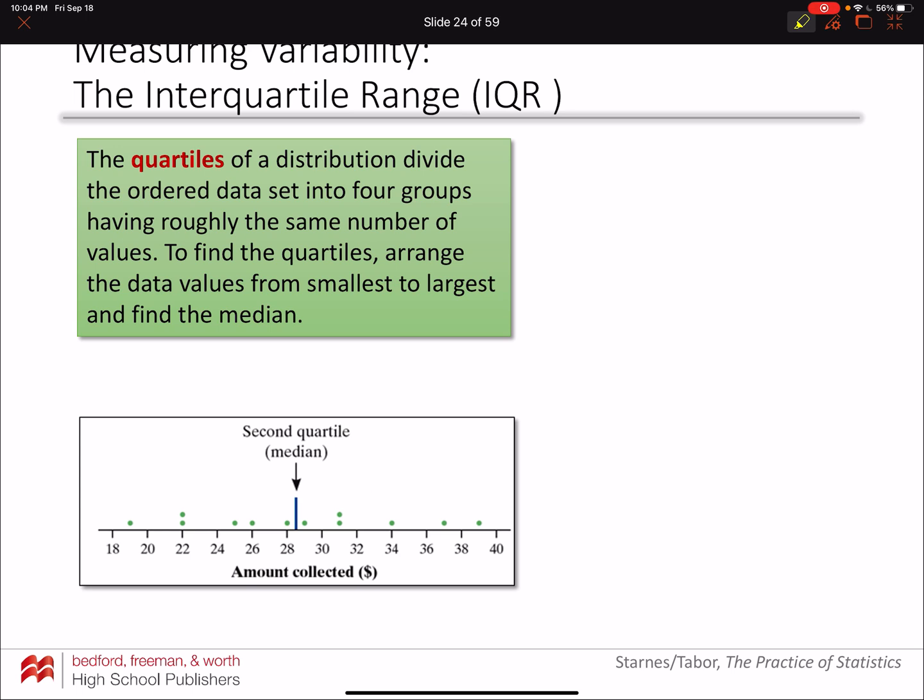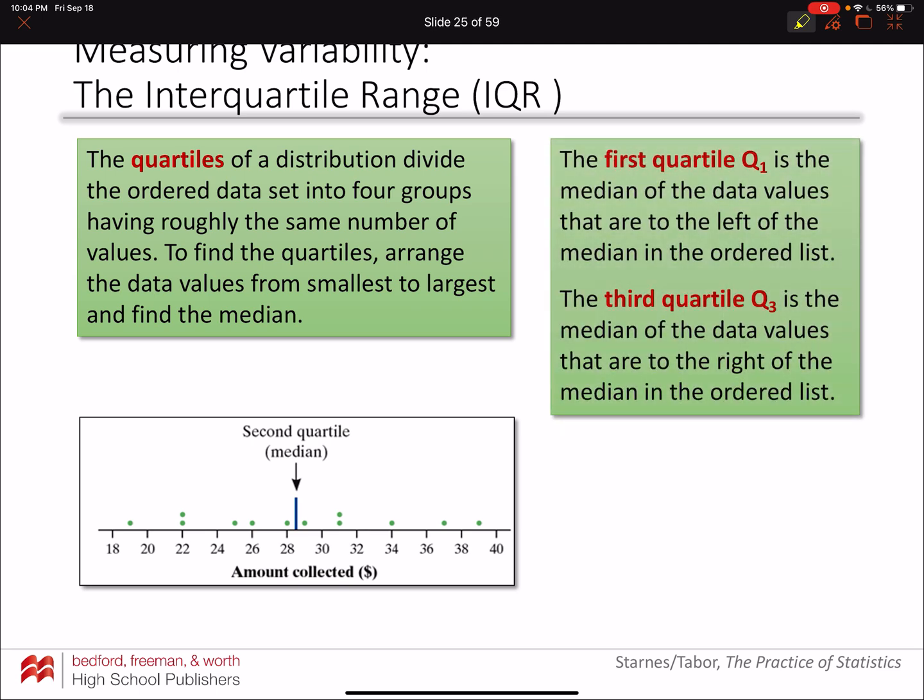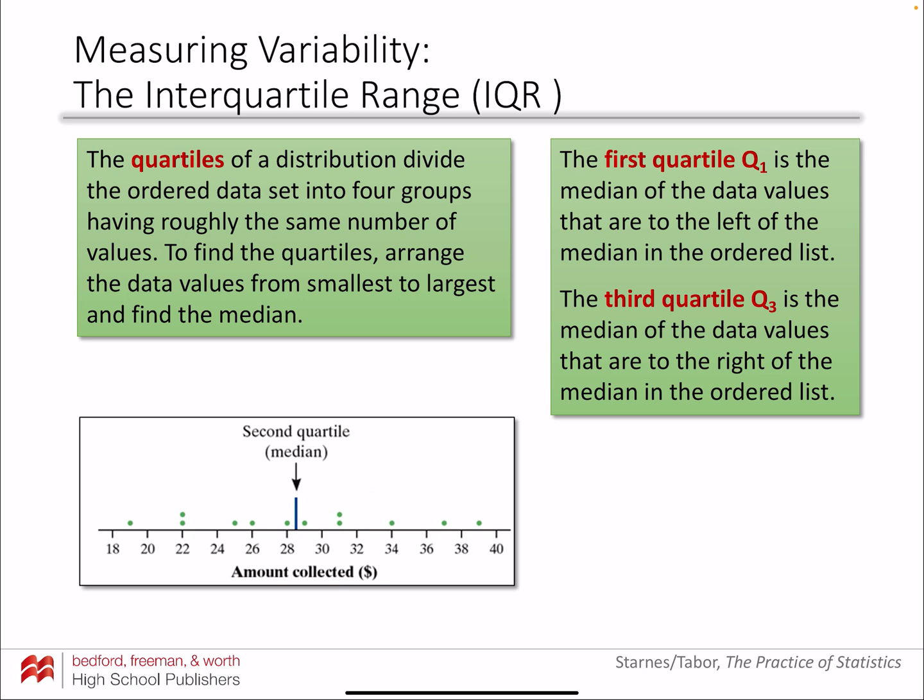Now, to cut it into quarters, we take each half and cut it in half. We call one of them the first quartile and the other one the third quartile. So you'll see that these 3 walls, if you will, chop up the data into 4 equal pieces. It won't always be perfectly equal because you can have an odd number, but the idea is the same.